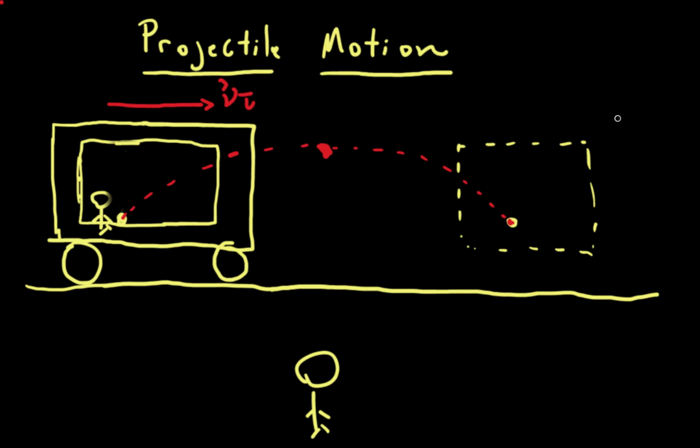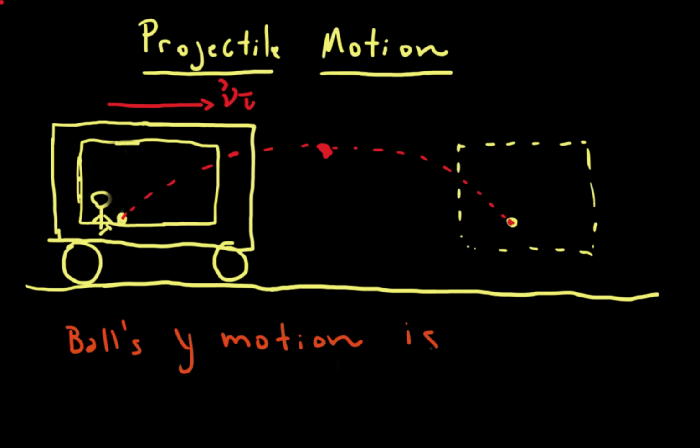This is a very nice example because it says one thing about projectile motion. So I'm going to erase this observer here. It says that the ball's y motion is independent of the car's x motion.